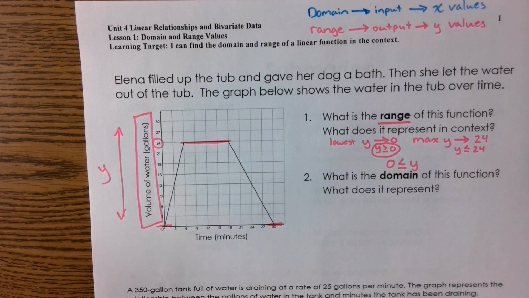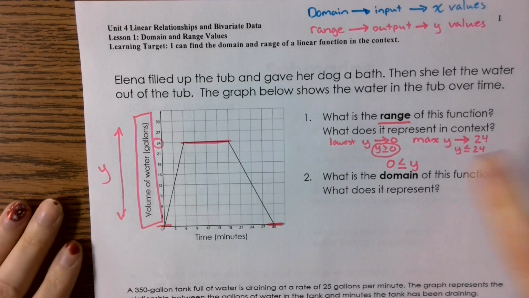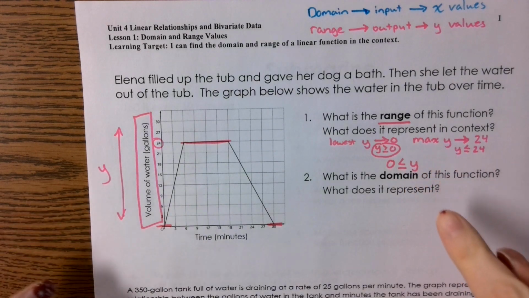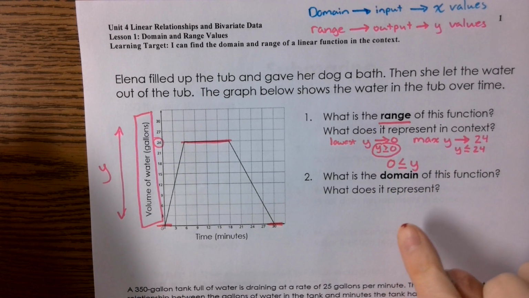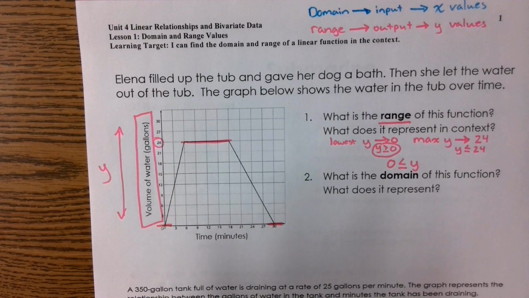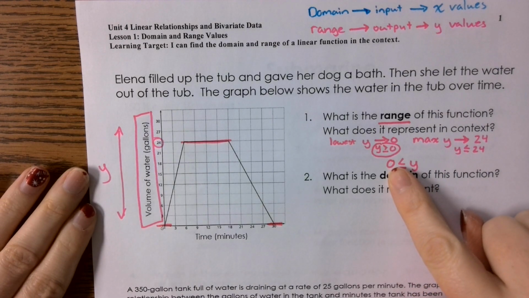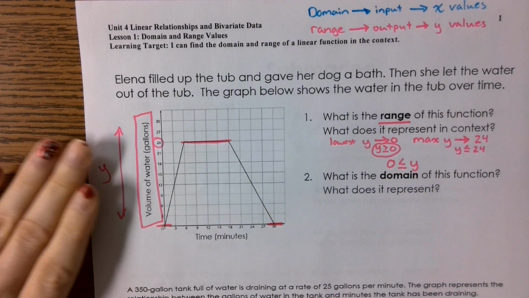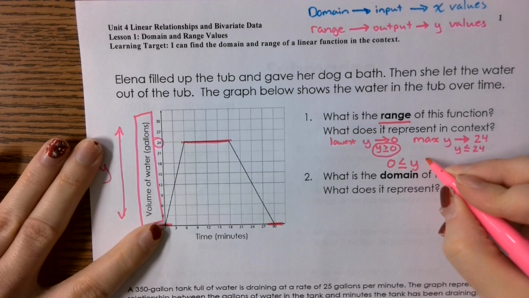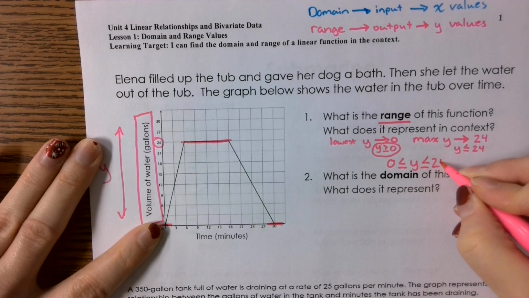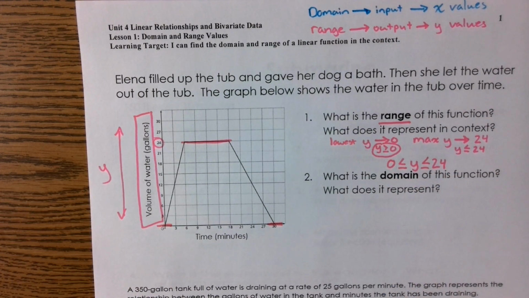If y is greater than or equal to 0, then 0 is less than or equal to y. The inequality is still pointing towards the same value as it was. You're just flipping it. And then I can piece this together. Now I know y is less than or equal to 24, so I can put less than or equal to 24. There's my compound inequality that is going to represent the range of this function.